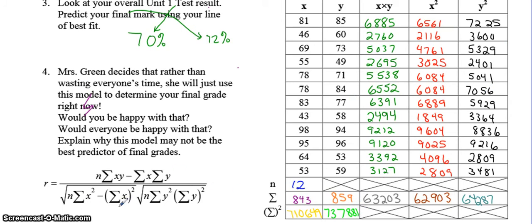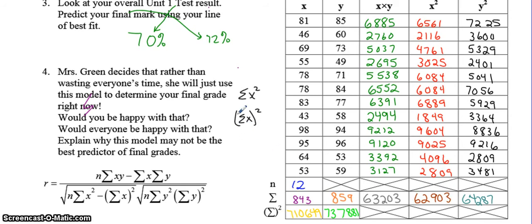And now what we have to do is substitute the values into this formula here. The biggest difference that you need to know is between this and this. This one here is the sum of the x squares. So here's the x squares, there's the sum.